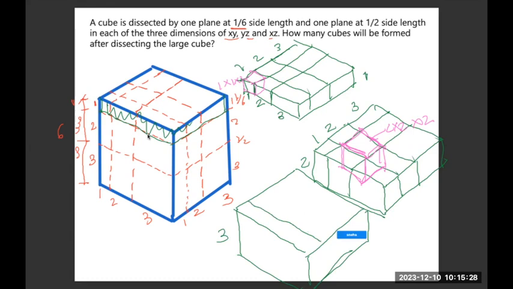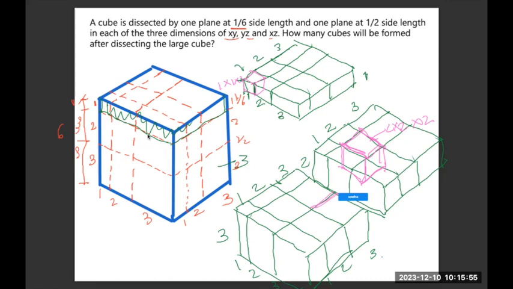The height of the third row is 3 from here. 1 unit, 2 units, 3 units. 1, 2, 3. The only cube in this case which will be formed is this cube, which has dimensions 3 by 3 by 3.